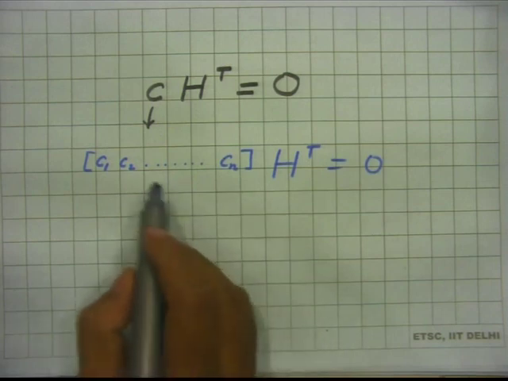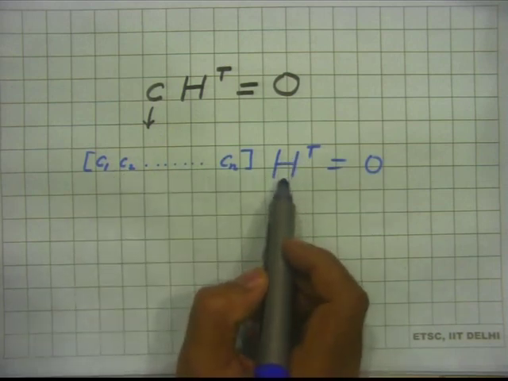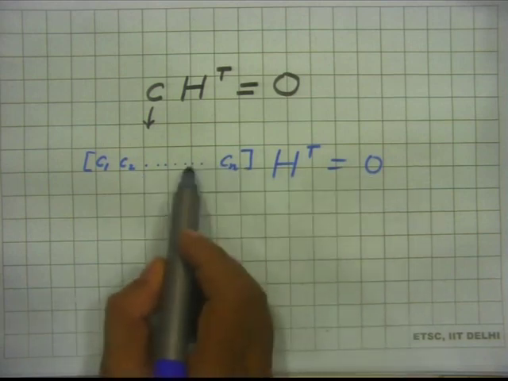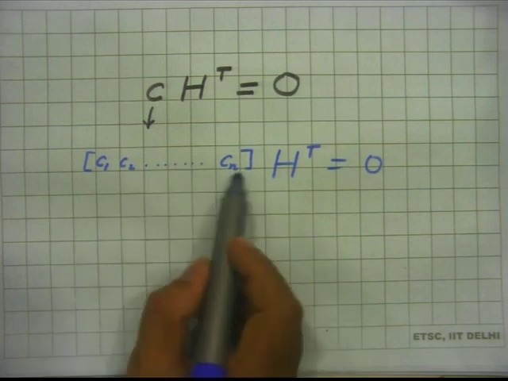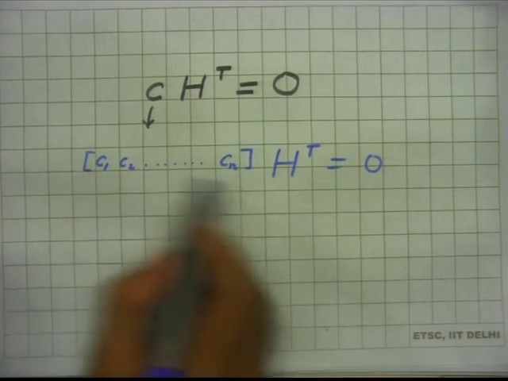So, the minimum number of columns of H which add up to 0 gives the minimum weight possible, because in a binary case these are either ones or zeros.